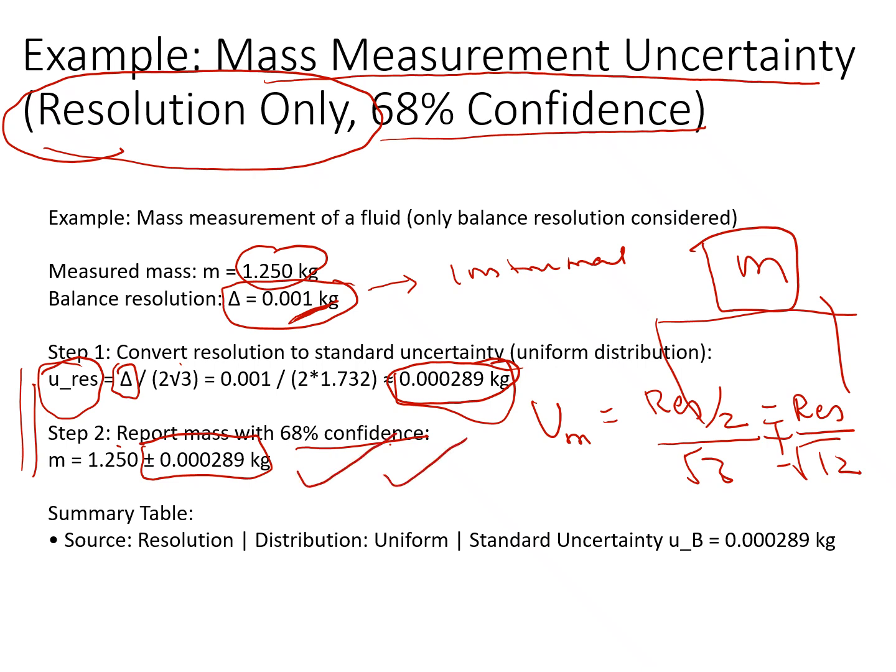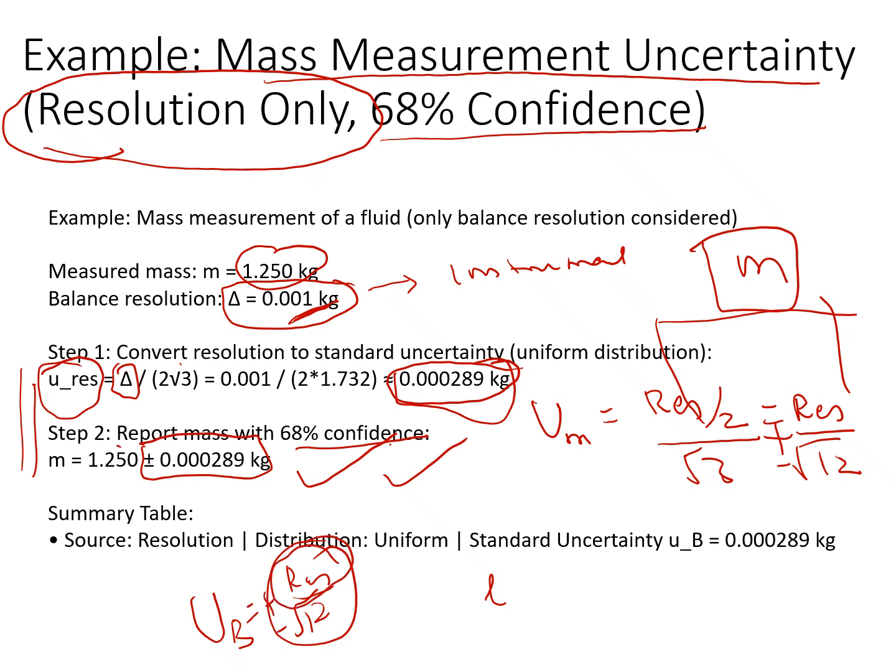So this is how you calculate the uncertainty associated with the variable that you are measuring. You could do it for length as well if you are measuring length. So you have a vernier caliper. In that case, again, if you take only resolution, resolution divided by 2 and then square root 3, which is square root of 12, and that would give you the type B uncertainty, plus minus. So this is how you calculate.